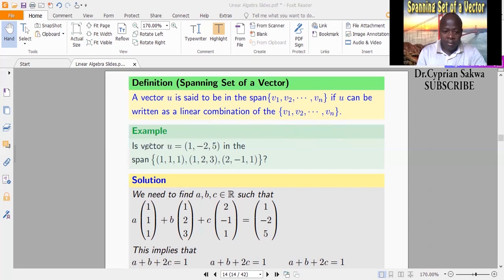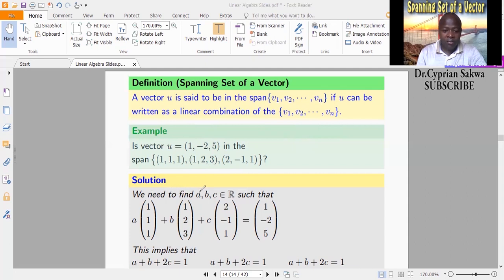A very quick example. Is this vector in the span of this? In other words, can this U be written as a linear combination of these vectors? You recall we did how to write a vector as a linear combination of other vectors.